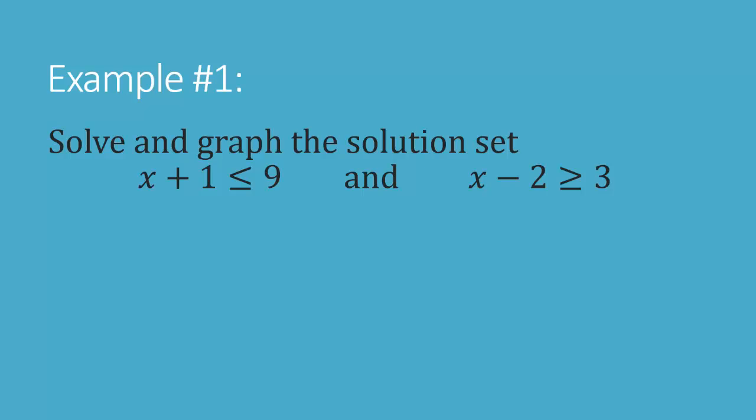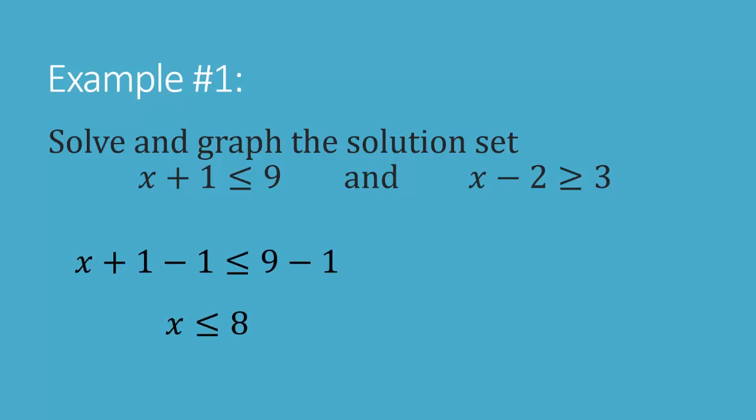So now we're going to solve and then graph the solution sets. In other words, the answers to x plus 1 less than or equal to 9 and x minus 2 greater than or equal to 3. We want only the values of x that satisfy both. First, we look at the first one.